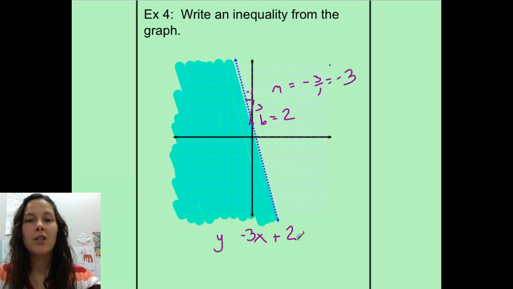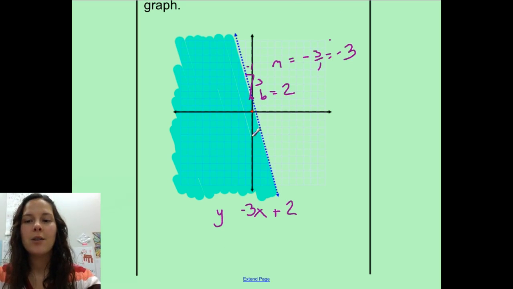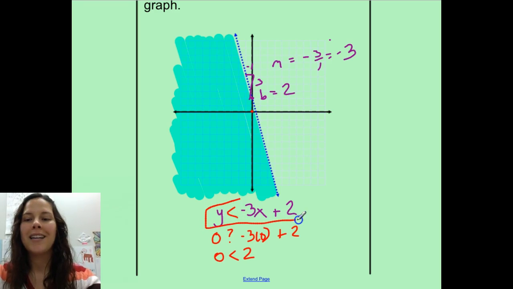I know it will be one of the two because my line is dotted, so there's no or equal to this time. 0, 0 is a solution to this inequality, so I'm going to substitute that in for x and y, put a question mark where the symbol is, multiplying my negative 3 by 0. Is 0 greater than or less than 2? This one's a little easier since it's positive. 0 is less than 2. So my final inequality is y is less than negative 3x plus 2.